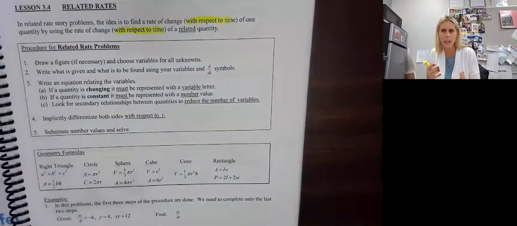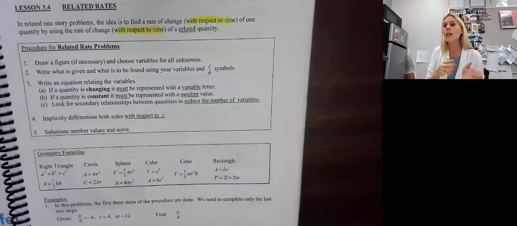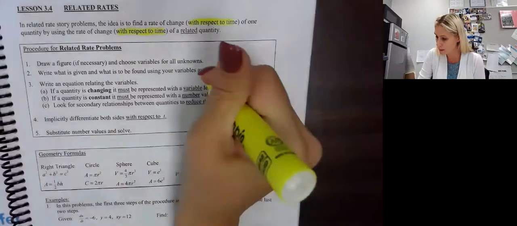Does that make sense? When we did implicit last time, because again, still with respect to x, you attached an extra y prime on there, okay? Well, since we're doing it with respect to time, every variable that we take a derivative of has to have a hook on of d over dt, and that's where this comes from, okay?